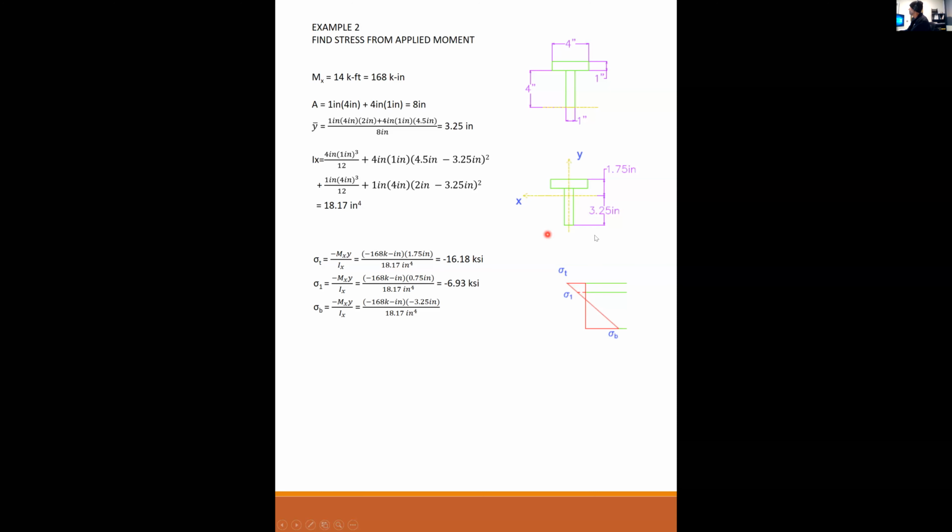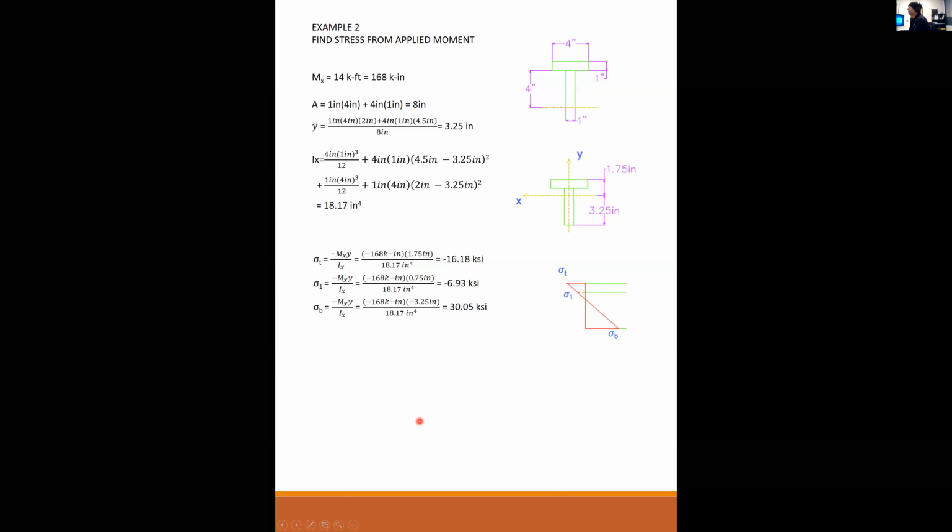Any y representing something below the x-axis is going to be a negative y. Crank this through, and two negatives produce a positive, and I have 30.05 KSI. As you can see, this is drawn to scale, and this is the largest stress. The largest stress on a non-symmetrical section is going to be that extreme that's the furthest from the centroid.